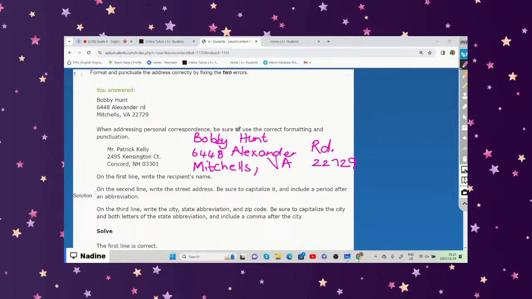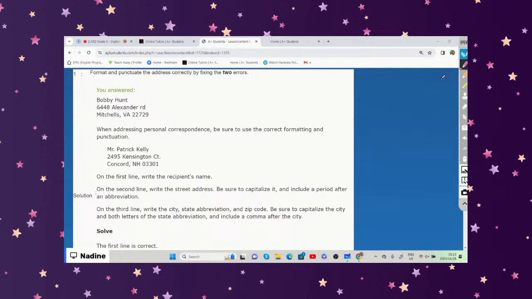We have the house number, street name, road followed by a period. Mitchell's is a city, VA is a state, and then we have our zip code, which is 22729. And that is just an example.